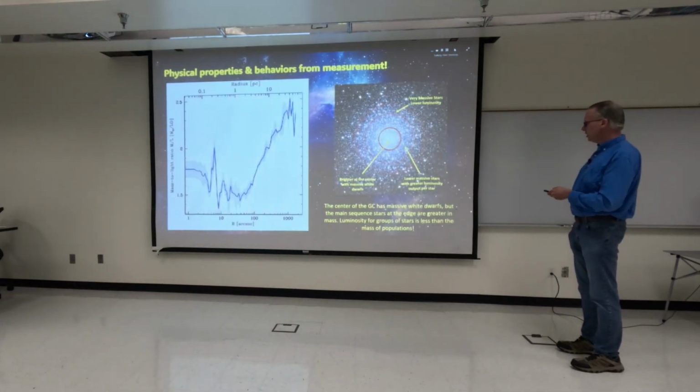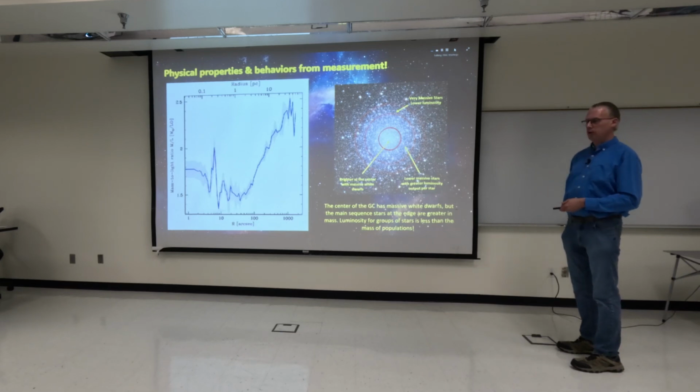Now, right here, we can see it is brighter in the center with the white dwarfs. We have the less massive stars with greater luminosity. But in terms of the light output for the stars themselves, there is going to be a much greater light output here from the center. The white dwarfs are not going to be very bright individually, but it doesn't matter.